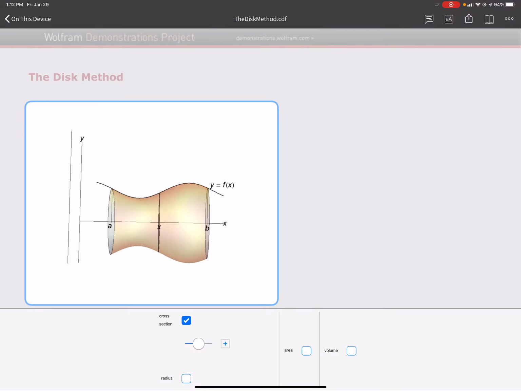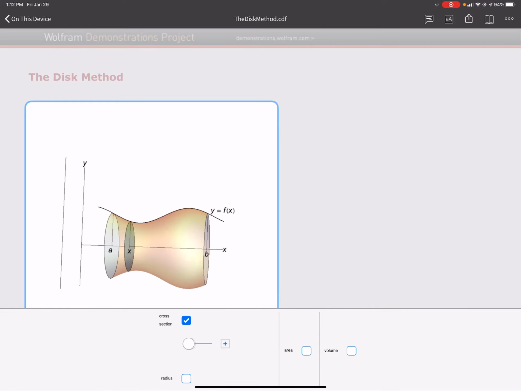But this time, to get the volume, here's what we're going to do. This disk, picture this thing that I'm moving across are a bunch of disks. If I could find the volume of every single disk from a all the way to b and added those up, I'd get the volume of the whole thing. So instead of adding areas of rectangles, I'm going to be adding volumes of disks. And I just showed you how to find the volume of a disk. So that is the concept of this chapter. That's what we're going to be doing.